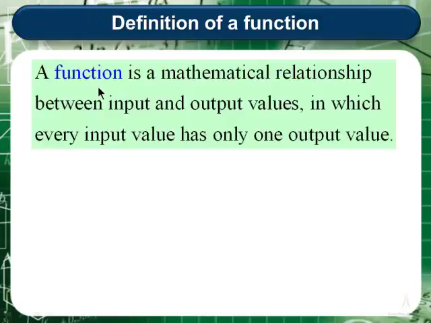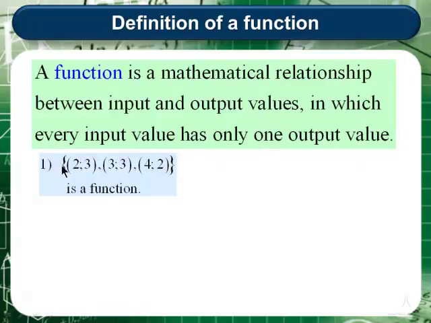Let us look at a more formal definition of a function. A function is a mathematical relationship between input and output values, in which every input value has only one output value. If we look at two examples, this particular set of ordered pairs represents a function.